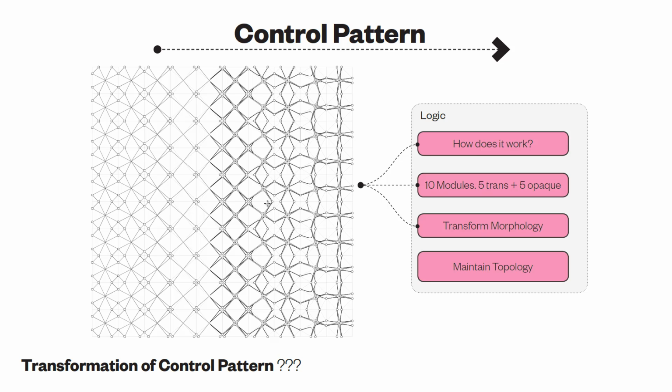Getting your control pattern down essentially dictates the rest of the project, which is really about understanding how this thing is transforming, how many modules I have, and what it is doing to the morphology of the form. Here we have an opaque panel and here a completely open panel, and their morphologies are different. How do we maintain topology between them? As Alan explained before, that was done by keeping the pattern the same.